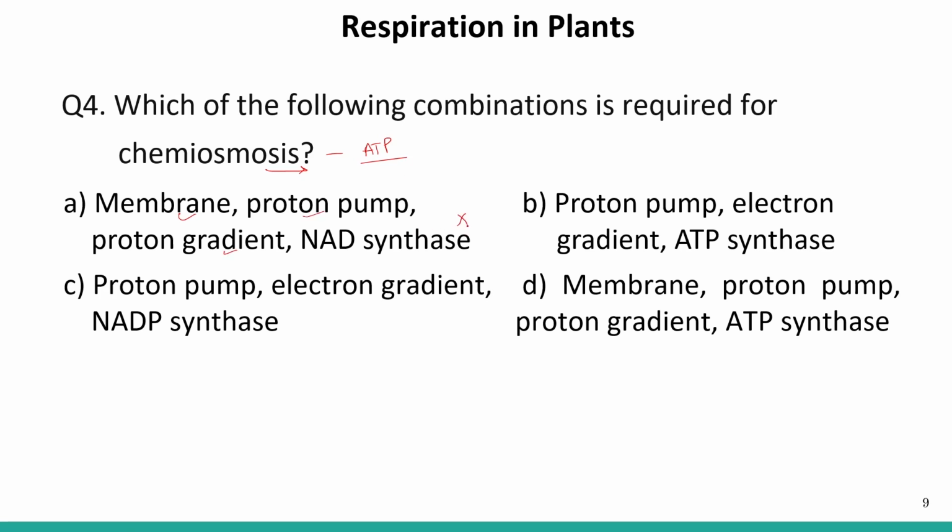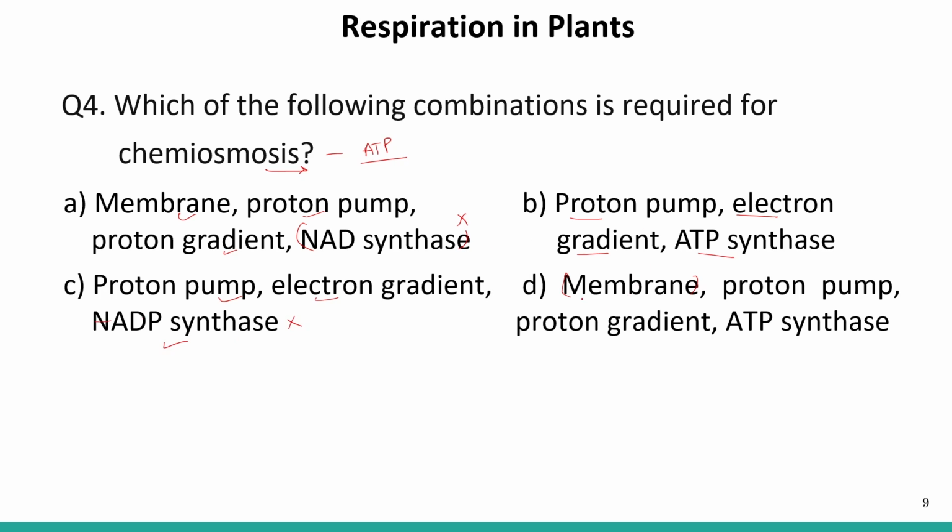Okay, so this is not true because NAD synthase is not involved in chemiosmosis. Second option is proton pump, electron gradient and ATP synthase. Again, it is missing the membrane because the membrane is also required. Option C is proton pump, electron gradient and NADP synthase. This is also not true. NADP synthase is not involved.